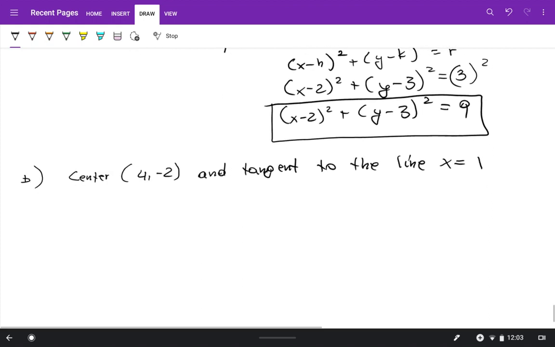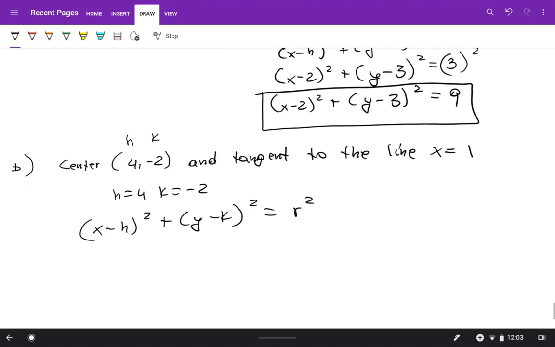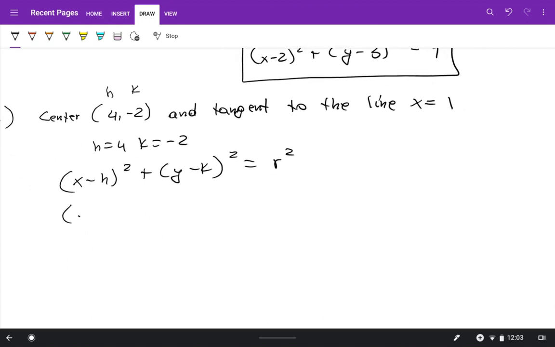If you have a problem like this, you know the center, so you know h and you know k. So your equation of a circle is (x - h)^2 + (y - k)^2 = r^2. So we will have (x - 4)^2 + (y - (-2))^2 = r^2.